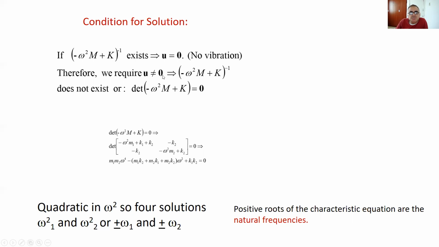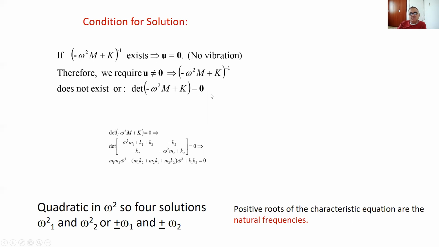And if u should not be 0, then the inverse of this thing should not exist, which means that the coefficient matrix, minus omega squared M plus K, should be singular. And singular matrices means that its determinant should be 0.